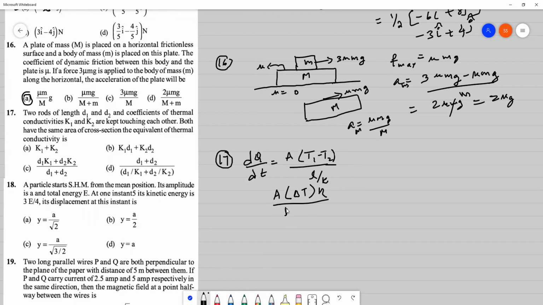In this case, it is D1 by K1 plus D2 by K2.